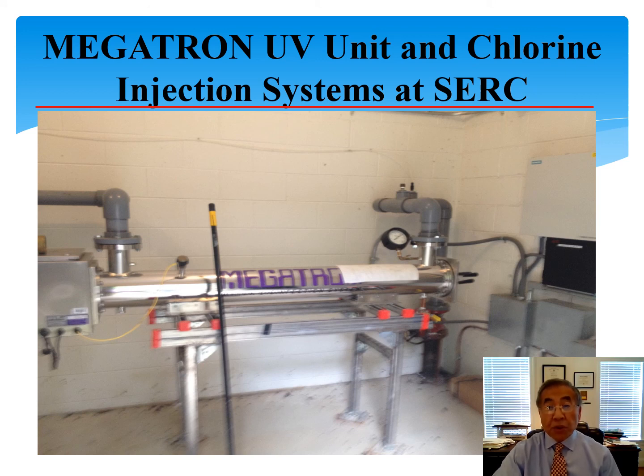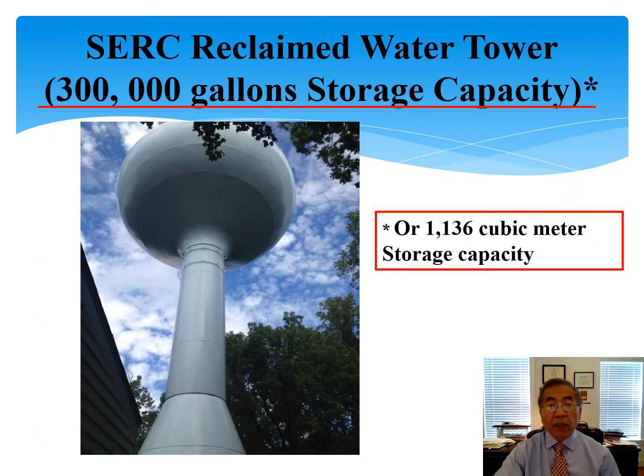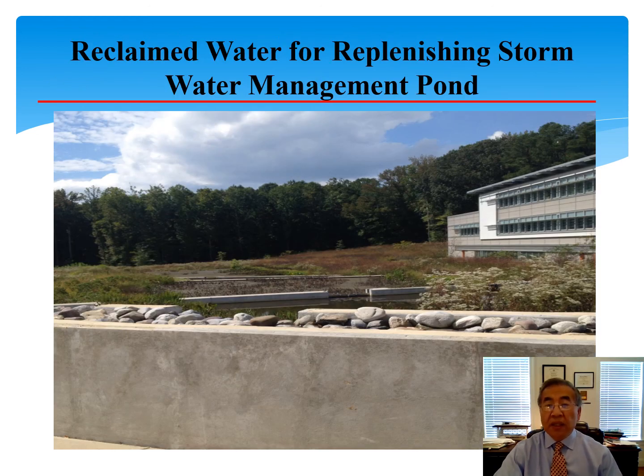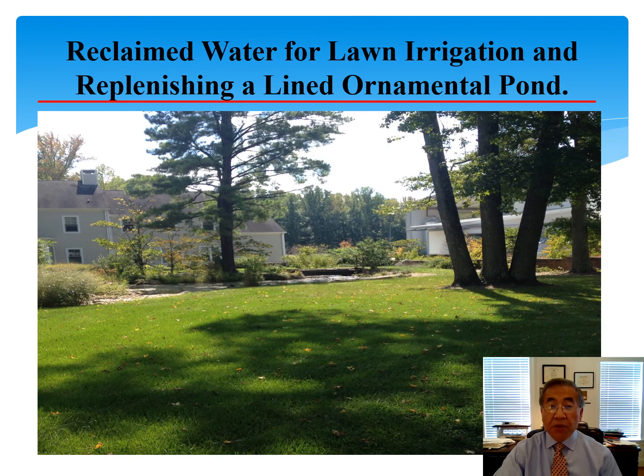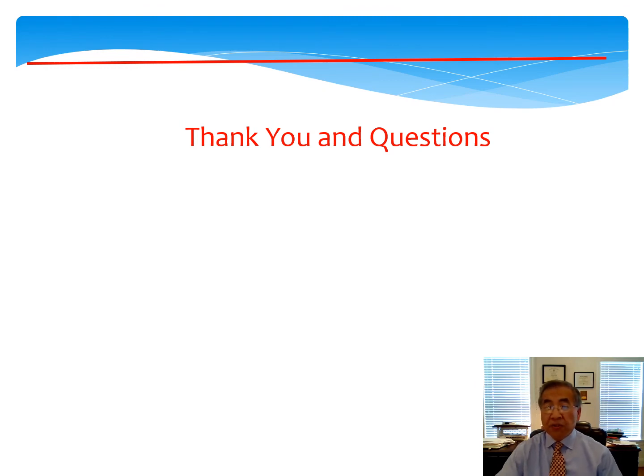Actually, I think they have to use chlorination to maintain a chlorine residual. So this is the water tower, the picture of it, 300,000 gallons, roughly 1,136 cubic meters of storage capacity. And here the reclaimed water recharges the stormwater pond to support vegetation growth, or they can irrigate their campus lawn. Besides that, they're also using it to flush toilets.